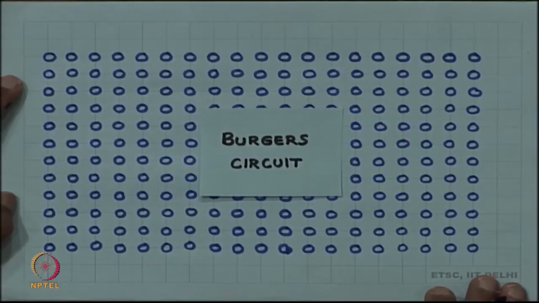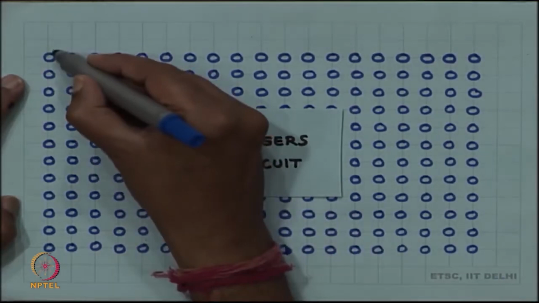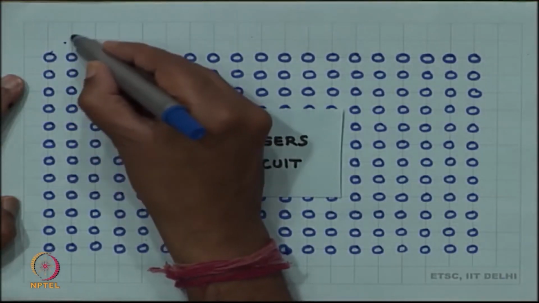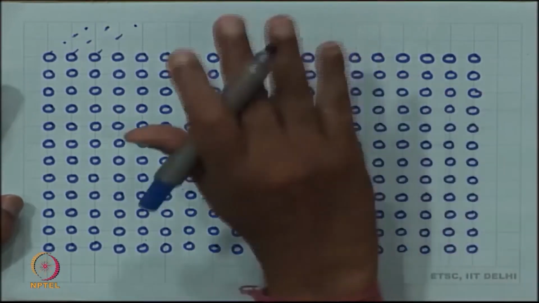So, imagine we are looking at the front face of a simple cubic crystal with atoms arranged in this square grid. Of course, you will have a 3-dimensional crystal, so atoms will be going into the crystal also, but I have not drawn them.